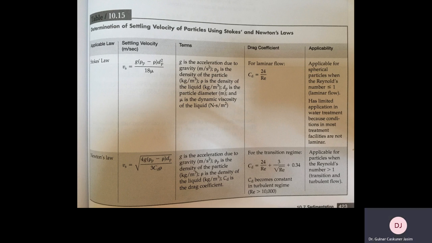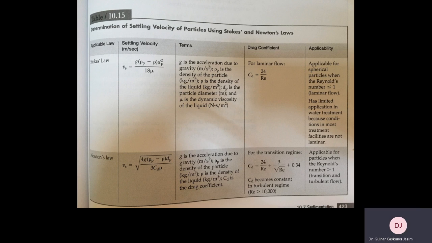The next column is the calculation of the drag coefficient. The equations are different for Stokes' law and Newton's law, and the calculation of the drag coefficient has been provided in that column. Please look at the equations carefully.